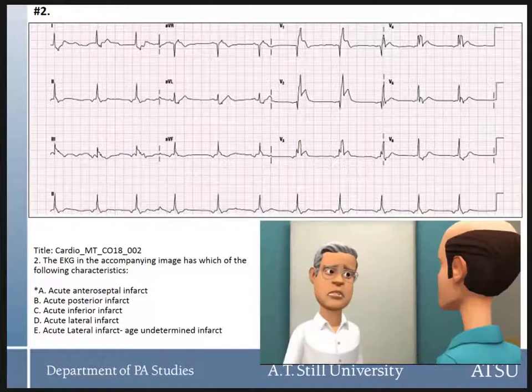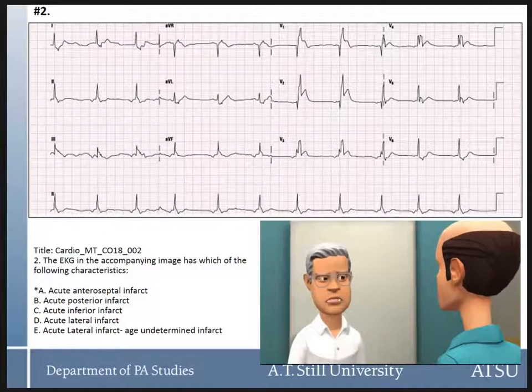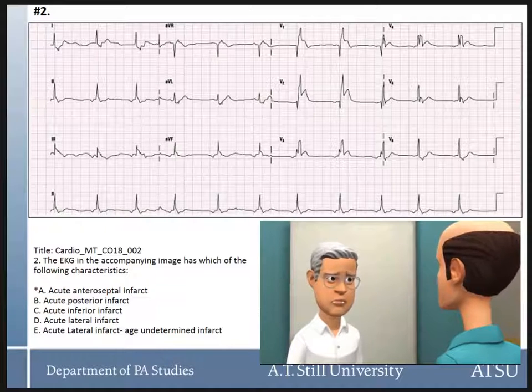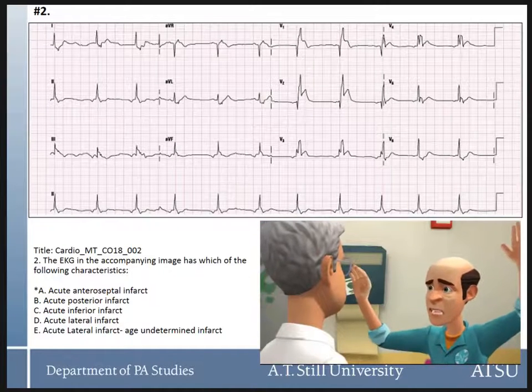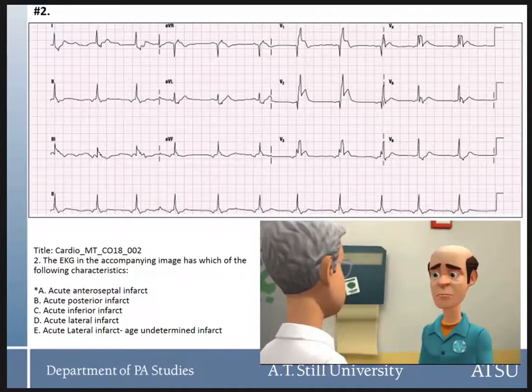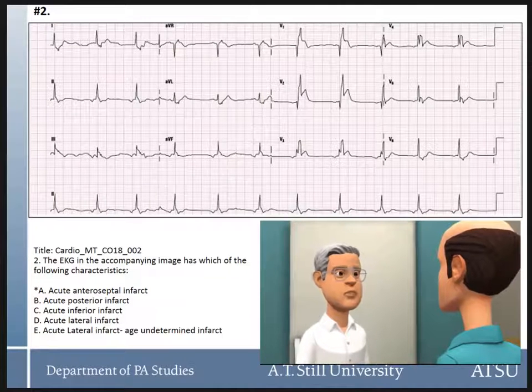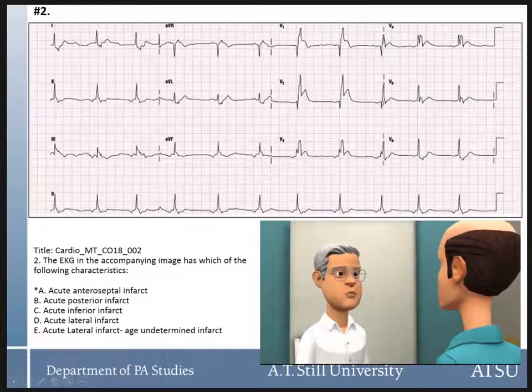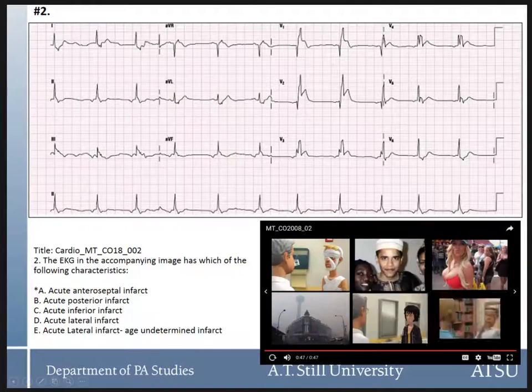An acute lateral infarct would need ST elevation in lead 1 and aVL, or in V5 and V6. Well, then it must be an acute anteroseptal infarct. Yes, there is ST elevation in V1 through V4, with reciprocal changes in leads 2, 3 and aVF, so this is an acute anteroseptal infarct.